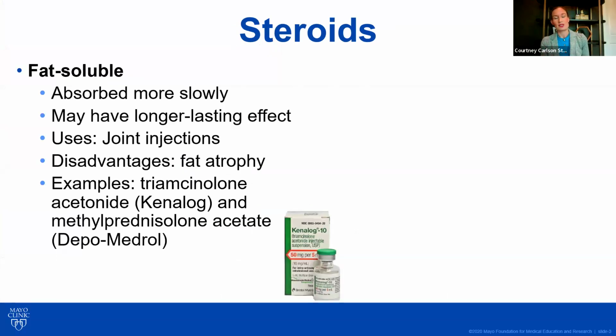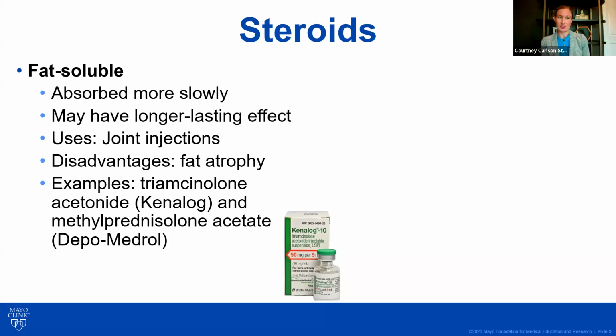So in general, when considering using steroids, it's important to know that there's a difference between fat-soluble and water-soluble steroids. Fat-soluble steroids are absorbed typically more slowly because the effect takes place once the enzymes within the cells break the fat-soluble steroids down. Because of this, it might be a slower onset, but in general, it's thought that these fat-soluble steroids have a longer lasting effect.